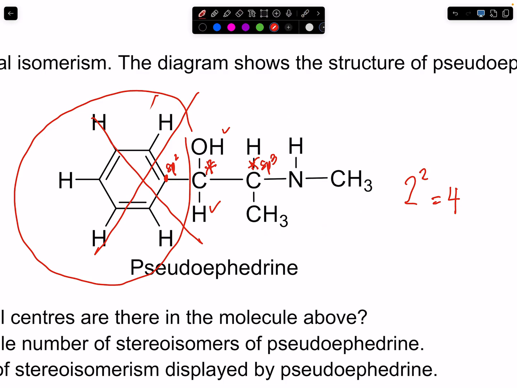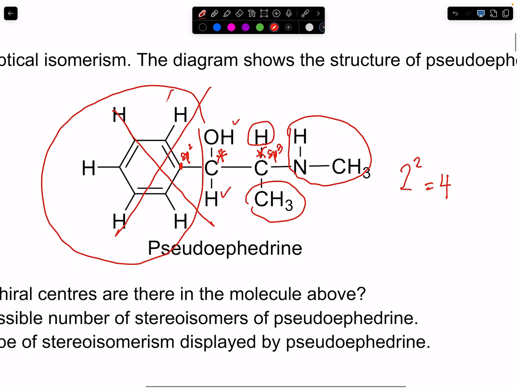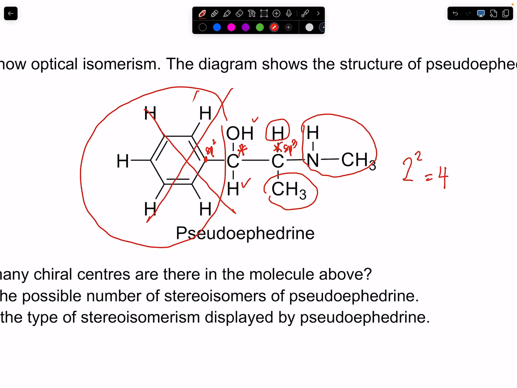So this is one group, the second group, the third group, then the big group is the fourth group. So there are 2 chiral centers, and the maximum is 4: clockwise, anti-clockwise, and so on. It's 2 to the power n, not square, where n is the number of chiral centers.